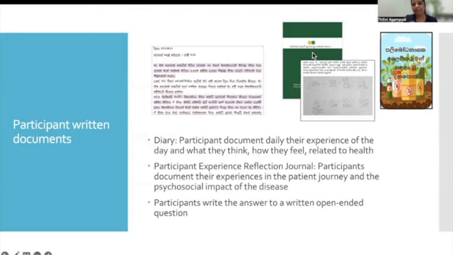And we have developed another new tool. We call it the Patient Experience Reflection Journal, where a patient of a particular disease could write on the experience from the starting point to getting cured throughout the whole process, right? And maybe draw diagrams of help seeking and so on.